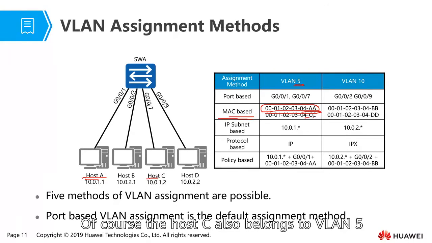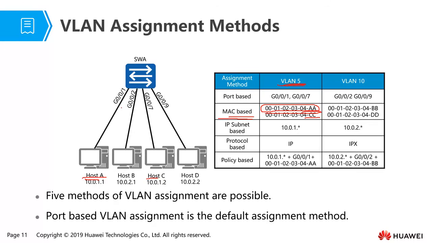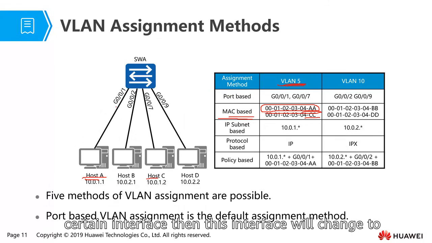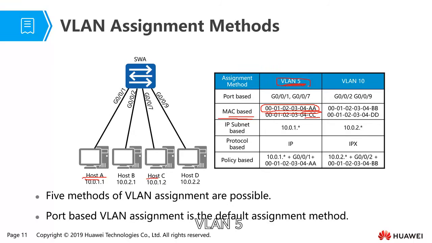Of course, host C also belongs to VLAN 5. Which interface it is connected to doesn't matter. This is dynamic. That means when a host connects to a certain interface, this interface will change to VLAN 5. Also, this one is VLAN 10.